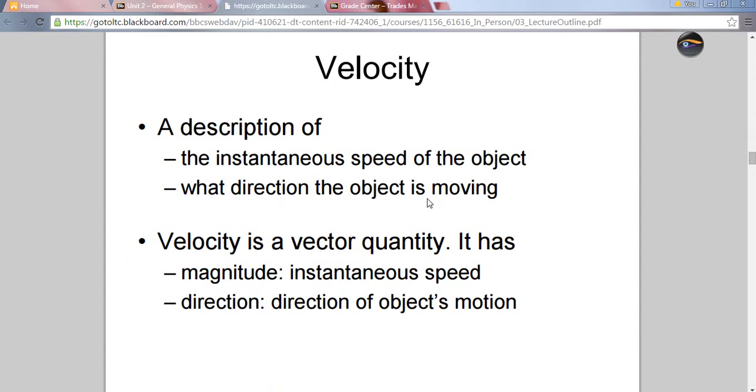So let's say I went 60 miles per hour, that would be my speed, but the addition of, but I drove it going to the north, makes it velocity, because now we have not only magnitude, but also direction.